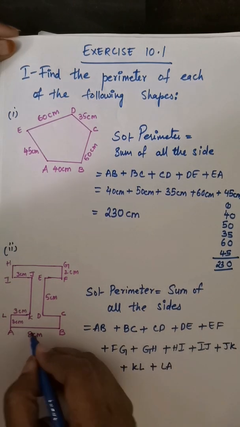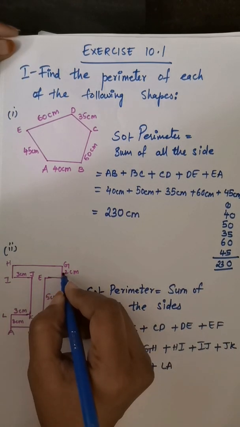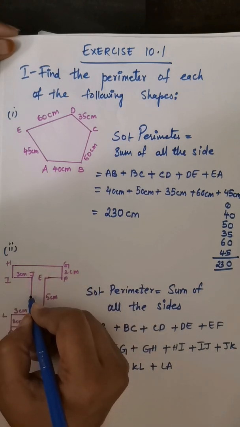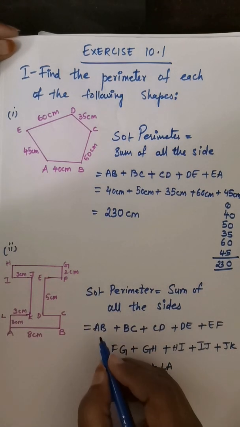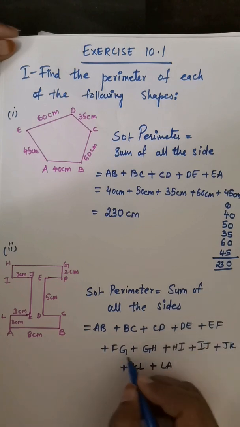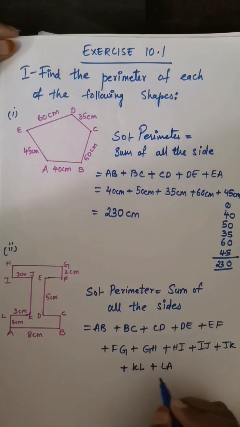So how many sides? 1, 2, 3, 4, 5, 6, 7, 8, 9, 10, 11, 12.